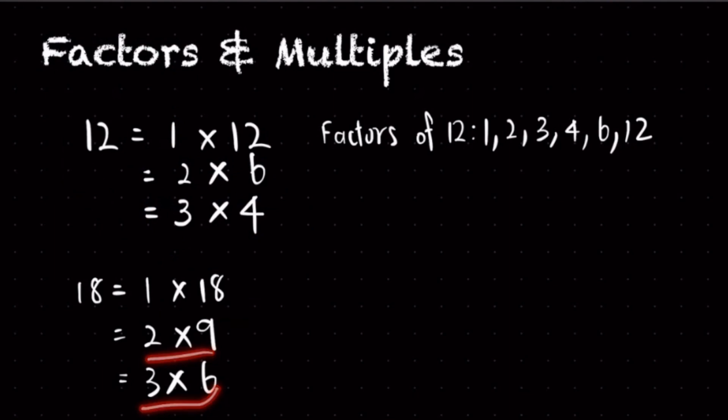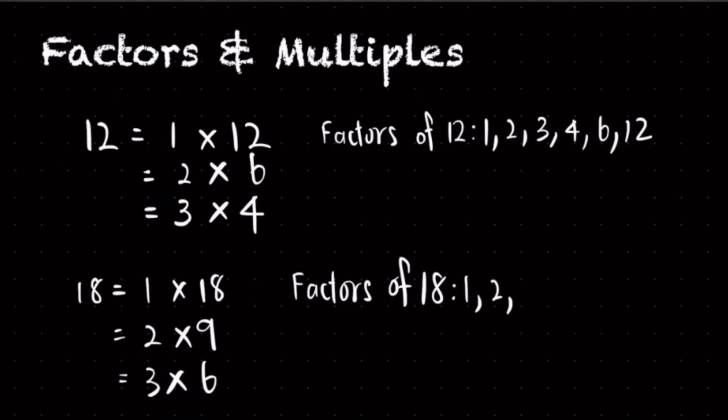So we're going back here like that. So factors of 18, we have 1, 2, 3, 6, 9, and 18.